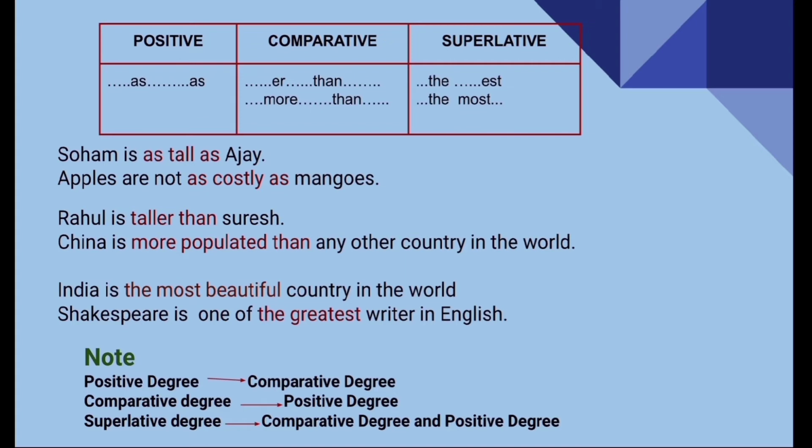You can transfer a positive degree sentence into the comparative and a comparative degree sentence into the positive degree when the comparison is between two things or two objects. But when the comparison is between more than two things or two objects, we use the superlative degree, and a superlative degree sentence you can transfer into comparative degree and positive degree.